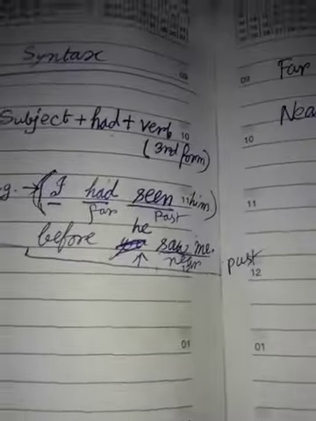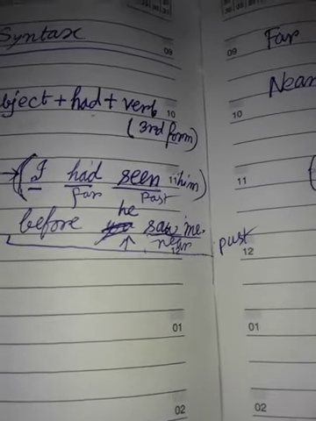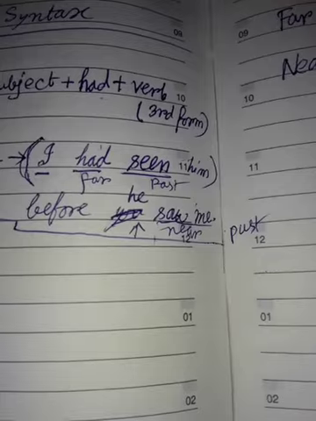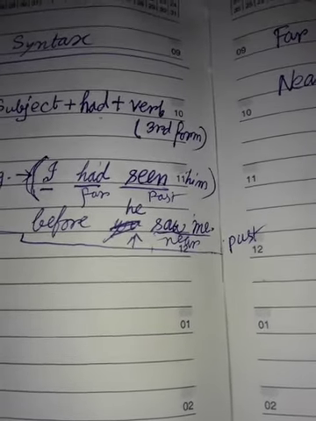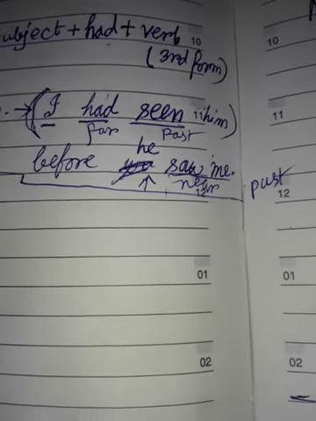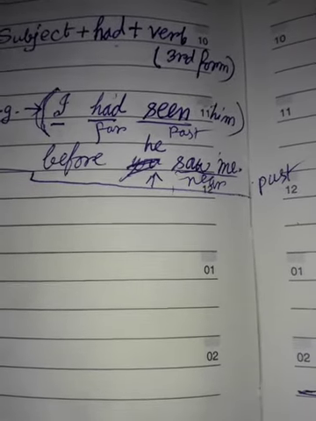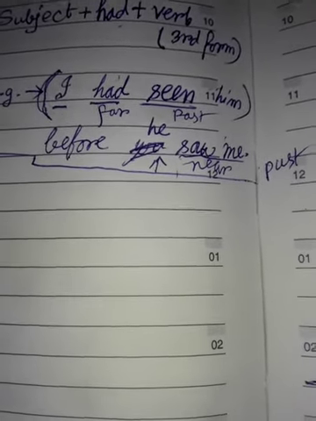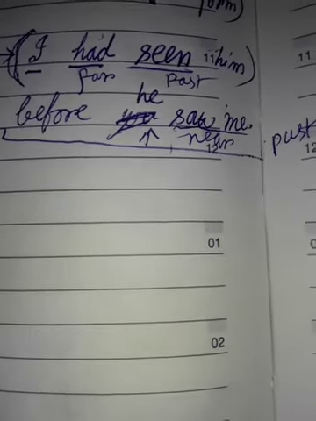You have seen it in the example. I had seen him. This had happened earlier, far past. That's why we have used past perfect tense, had plus verb 3. But the near past, which had happened later, he saw me, is simply written in past tense. As you know, the past tense of see is saw.